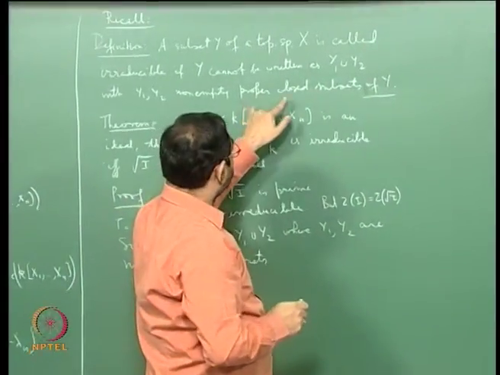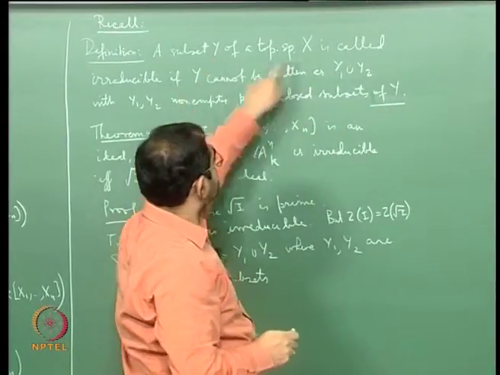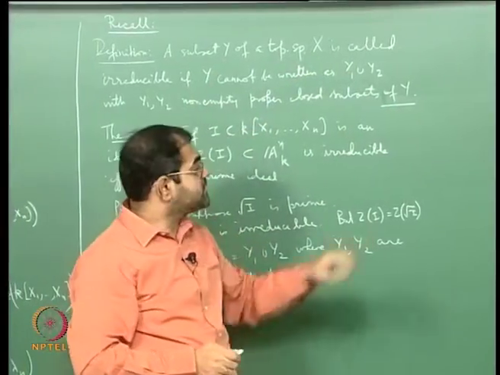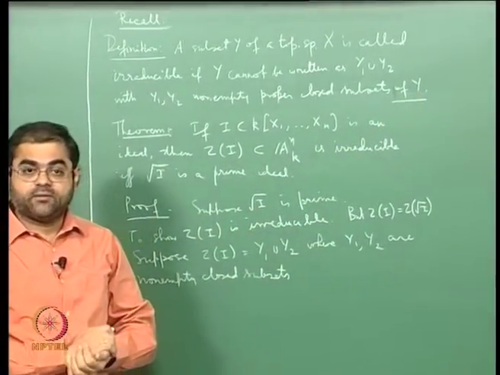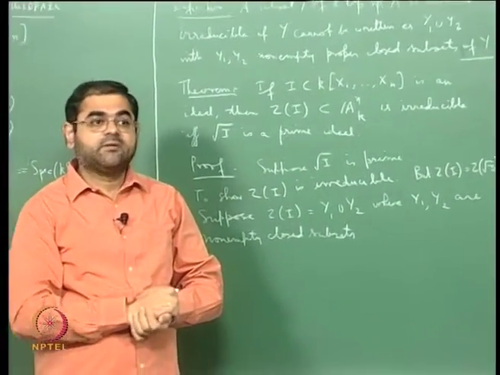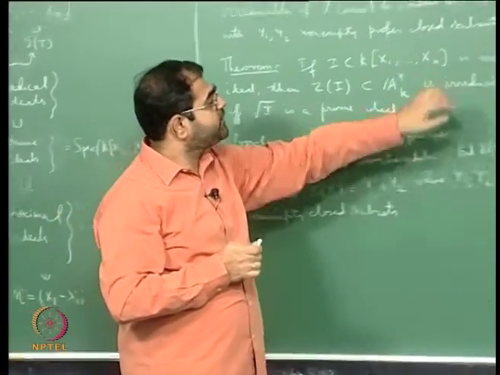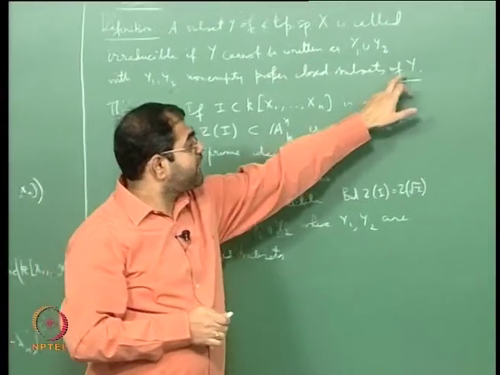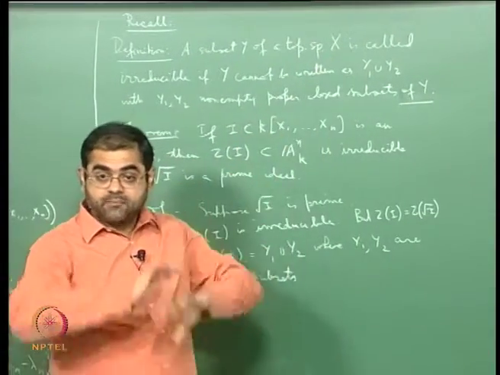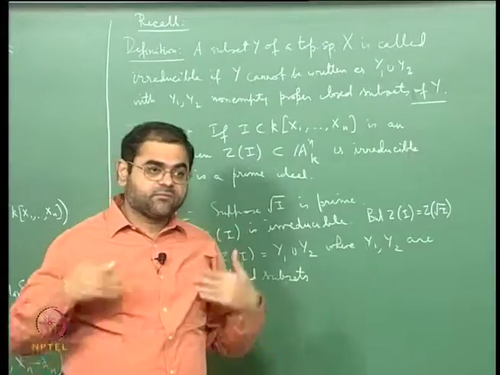When I say, I told you y is just a subset of a topological space. What is the meaning of saying that a subset of y is closed in y? This is the language of induced topology. A subset of y is said to be a closed subset of y if it is gotten by intersecting y with a closed subset of the ambient space, the larger space x in which y sits.